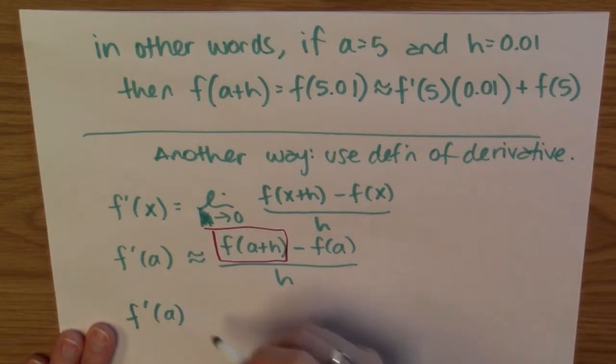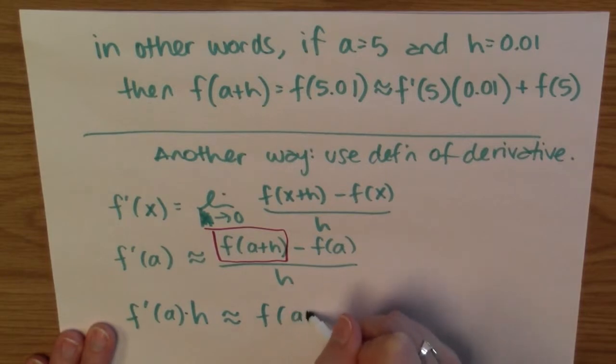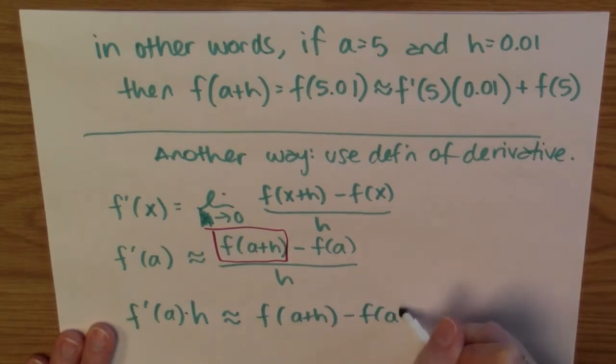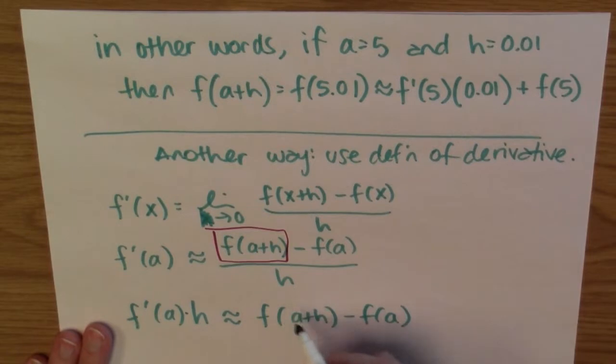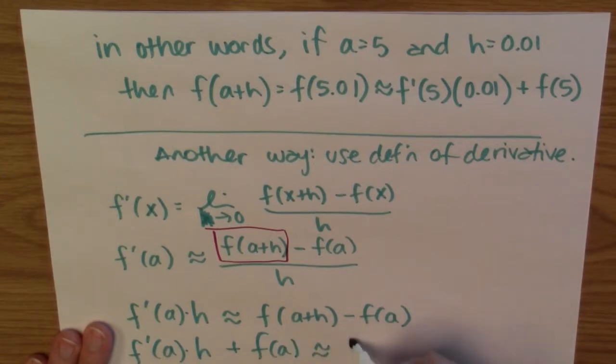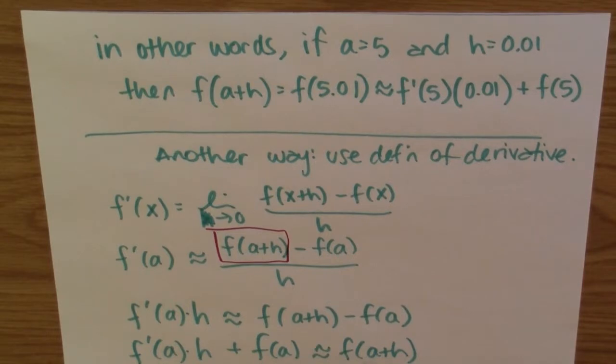So I have f prime at a times h is approximately f of a plus h minus f of a. And so then adding this f of a to both sides, I get f prime at a times h plus f of a is approximately equal to f of a plus h. So we got exactly the same approximation for f at a plus h, except this time we used the definition of the derivative.